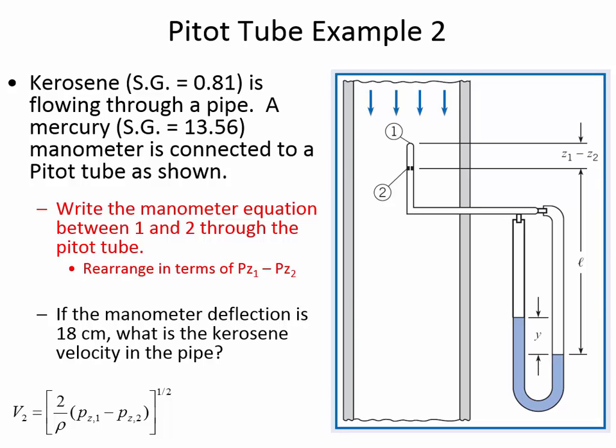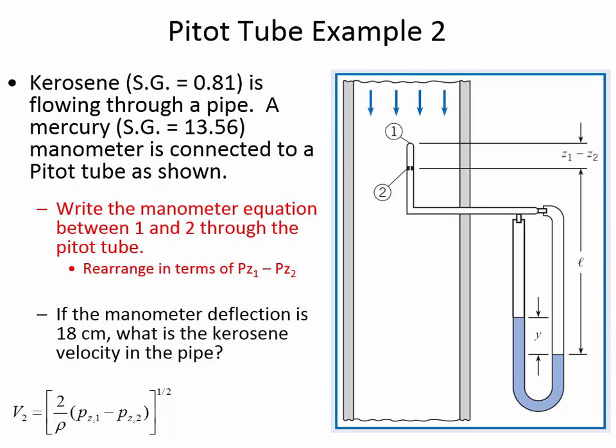And so now we're at location 2. We still need to go down further. We need to go down L now. So plus, since we're going down, L times gamma of kerosene, and so on until we say it is equal to P2.